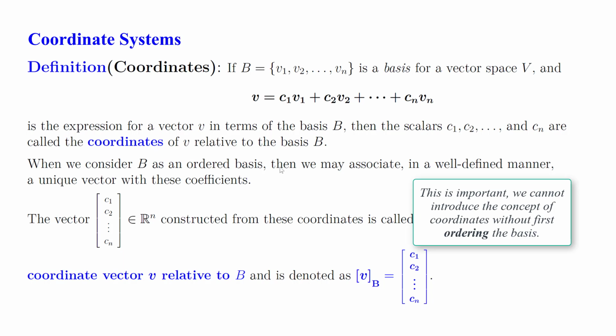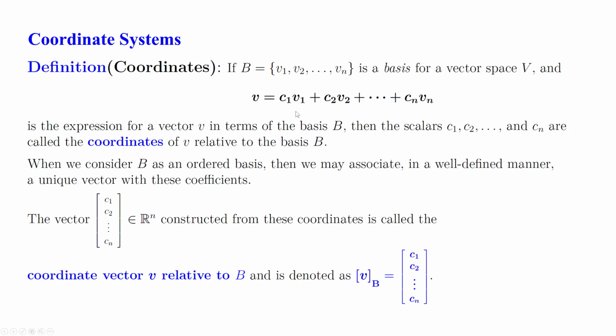So once you have an order, again, why is order important? Because of commutativity. We can commute the order of any of the two summands in any sum of two vectors. So again, if B is ordered, then we can say C1 is the first coefficient, C2 is the second coefficient, C3 would be the third, and so on, and finally Cn would be the final or last coefficient.